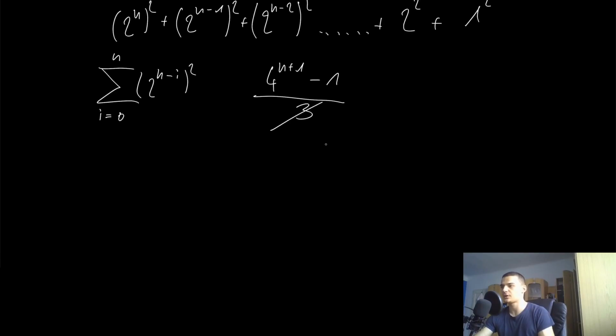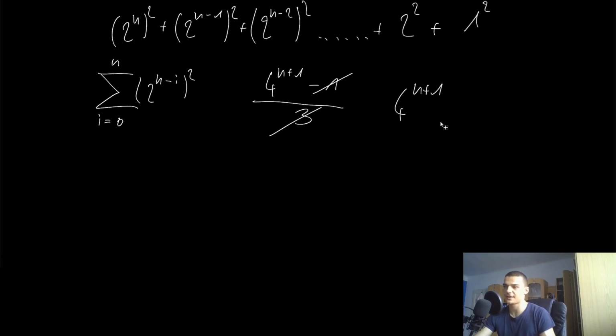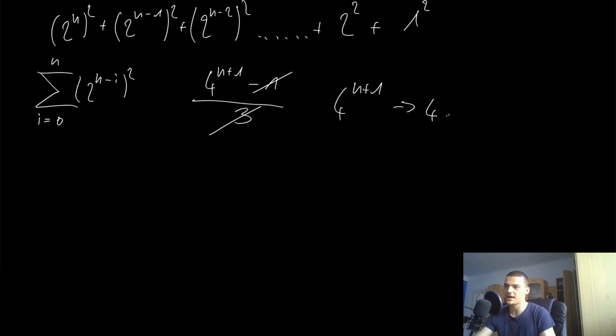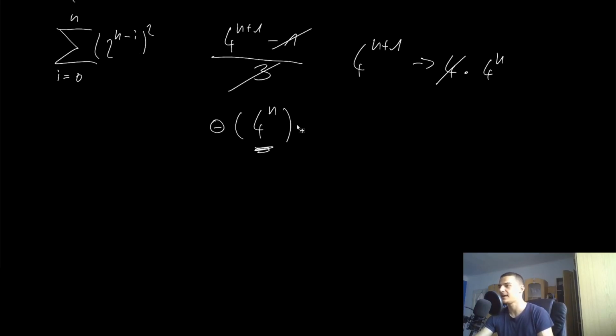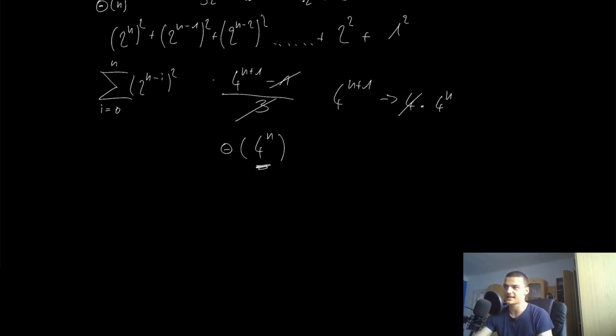And we can just ignore the divided by 3, we can ignore the 1, and 4 to the power of n plus 1 is essentially nothing but 4 times 4 to the power of n, which is a constant factor that we can ignore. So we have an exponential complexity here, because we have theta of 4 to the power of n, and 4 to the power of n is exponential complexity, size complexity in this case of the return value.